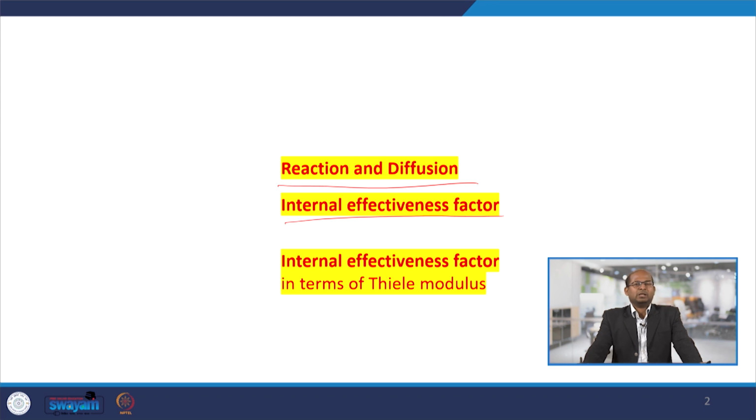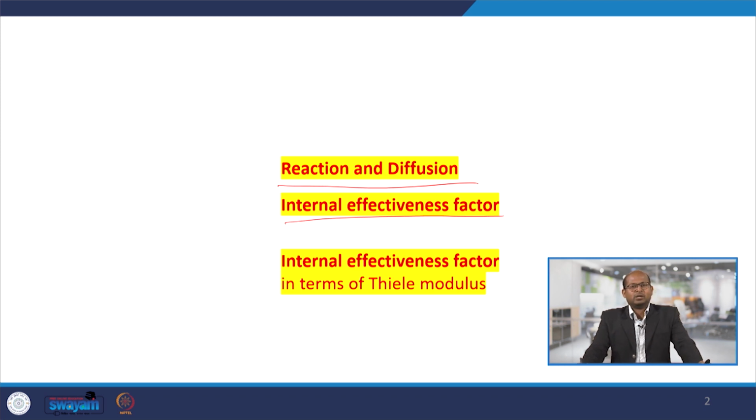So along the length of the pores, by changing the radius of that spherical catalyst particle, the concentration varies from high at the surface and then gradually decreases inside the pores. That gives us an idea about the changes of concentration, and based on that we can say whether the surface reaction or diffusion is controlling.